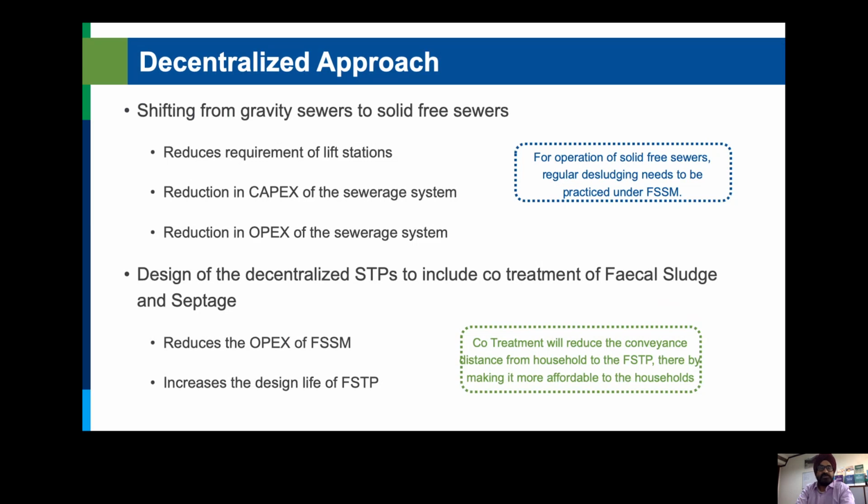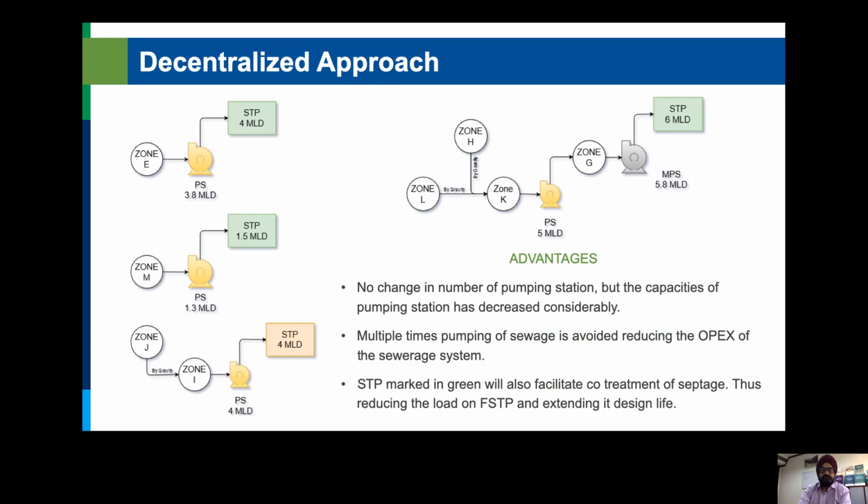We accepted that some areas would require centralized systems, but some can actually work in combination with solid-free sewers and an FSTP, and more decentralized STPs can also reduce the OPEX cost and design and increase the life of the fecal sludge treatment plant. So the design approach we had, instead of 3, now had 7, so 6.